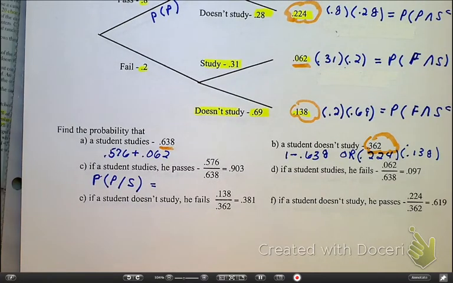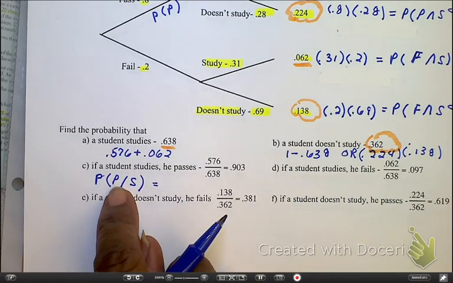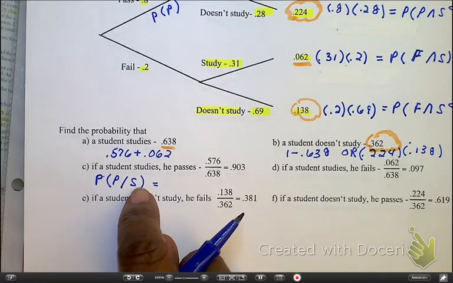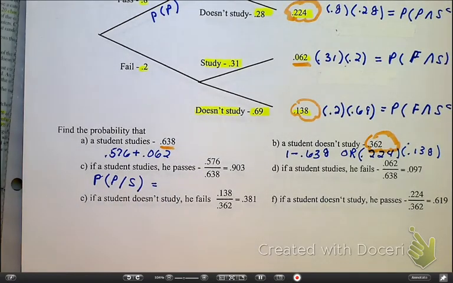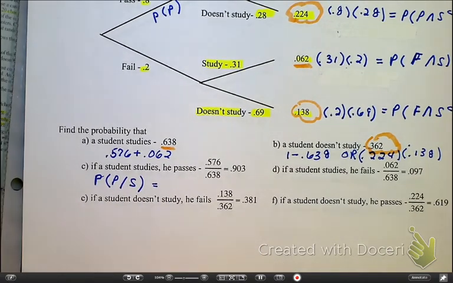Next, we look at the probability of the student passes given that he studies. So remember that this is the following.